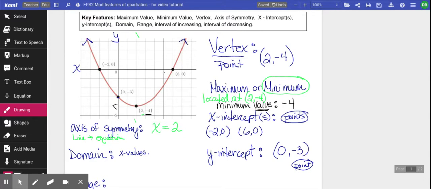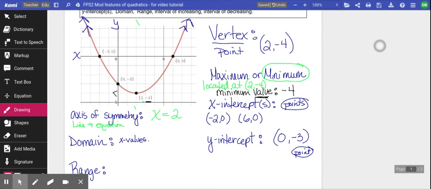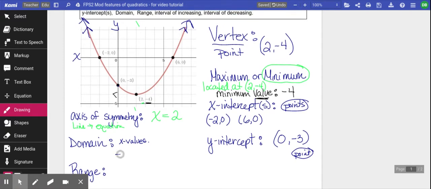So our quadratic is opening up, and it continues to open up, and as it's opening up, it's getting wider and wider. So what this is showing is as this quadratic grows, it's continuing to use all of the x values. So our domain is all real x values. And the way we would write that is our x values go from negative infinity to infinity.